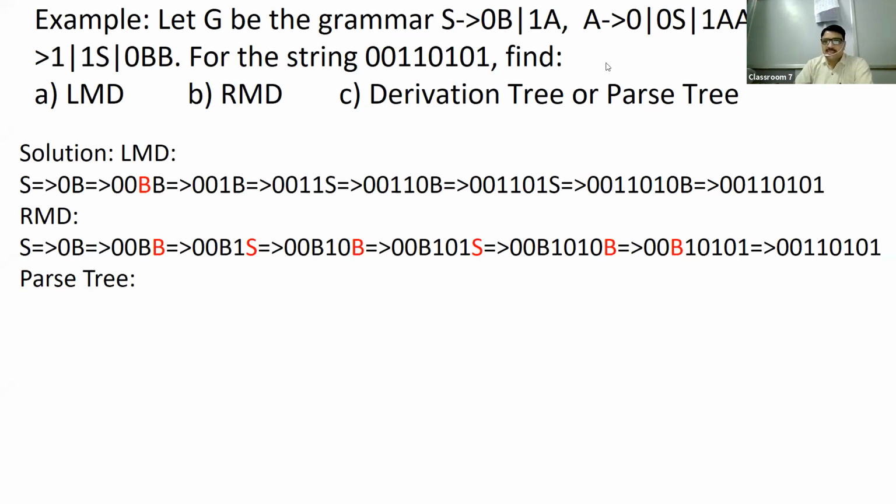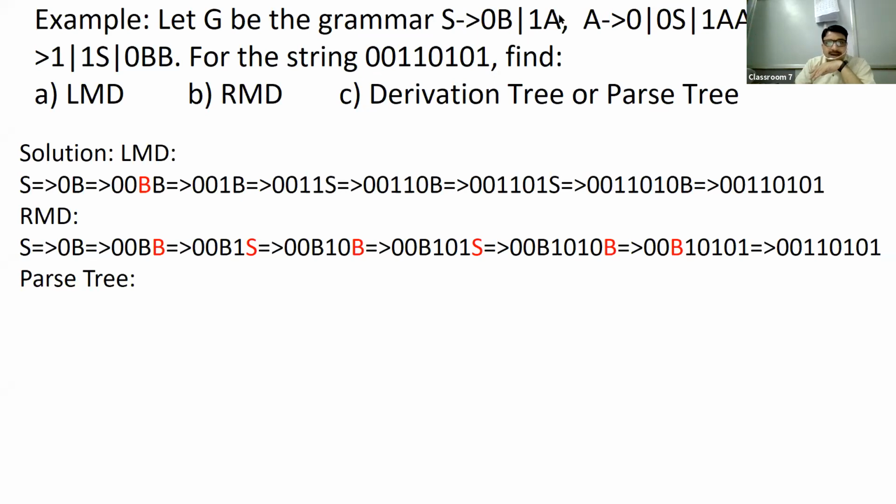So simply the start symbol is S. So now we have to find, there are two options, 0B or 1A. So we can apply any one of them, right? But we have to apply these productions by keeping in mind this particular string. On the leftmost side of the string, you can see 0 must be there, right?